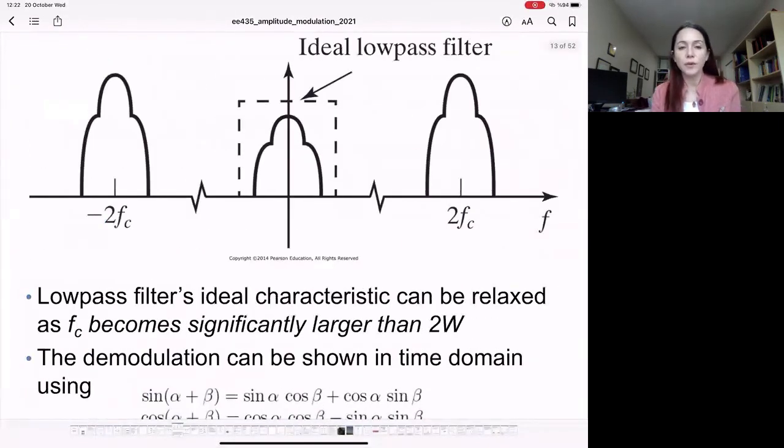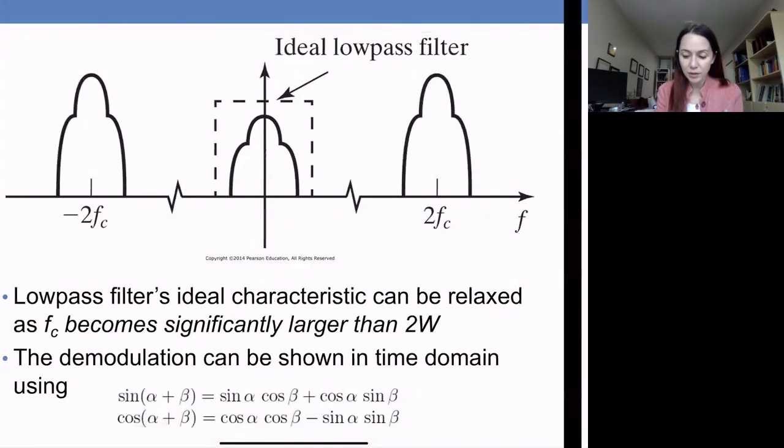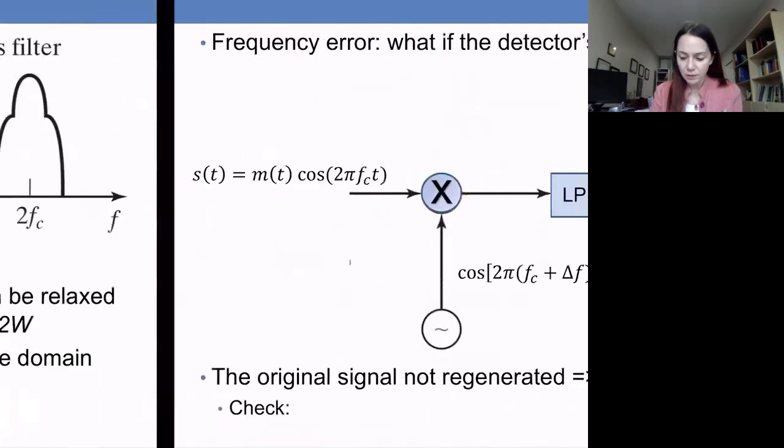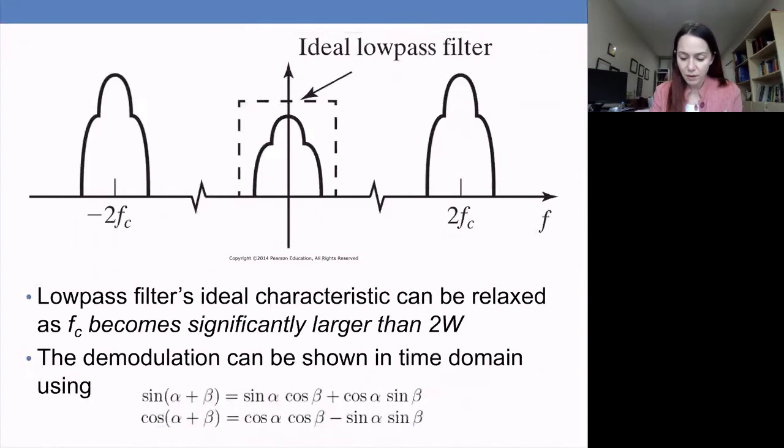Now the low pass, we use an ideal low pass filter, but we don't need an ideal low pass filter, provided that this band edge here is sufficiently far from this edge.